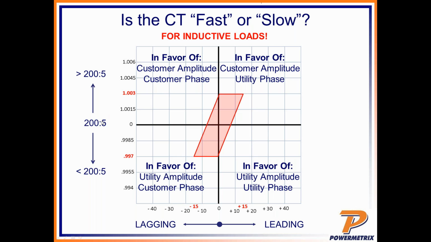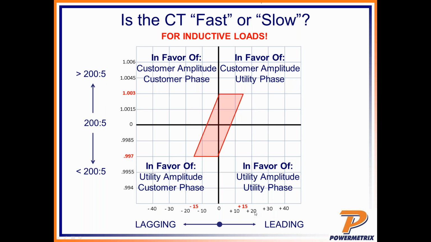So as that ratio gets higher, that's in favor of the customer. As it gets lower, so 199 to 5, 198 to 5, 170 to 5, that's in favor of the utility. And those never change. Up, favor customer, lower, favor of the utility.